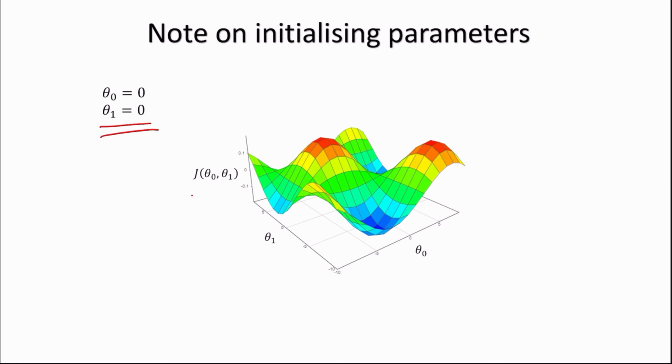Just a note on initializing our parameters. As you may have noticed in all the previous gradient descent algorithms, we always initialized our parameters to be 0, but this may not actually be optimal.